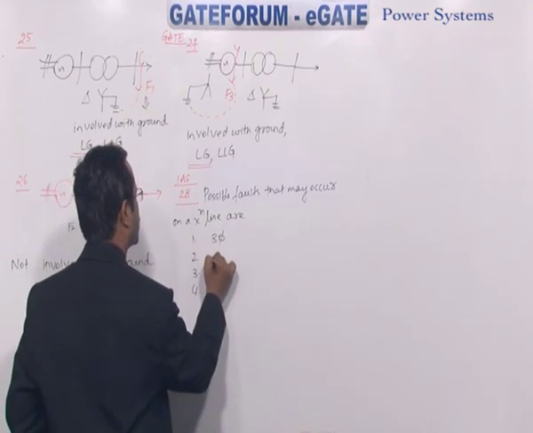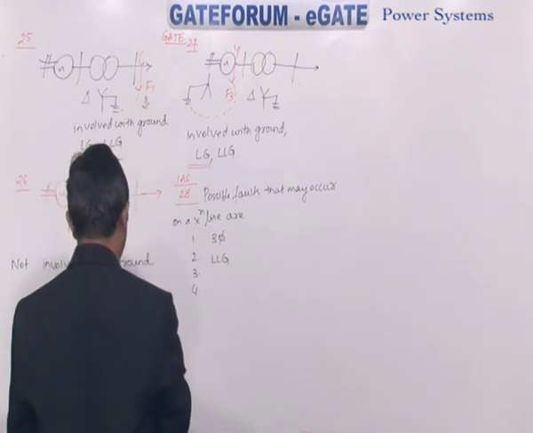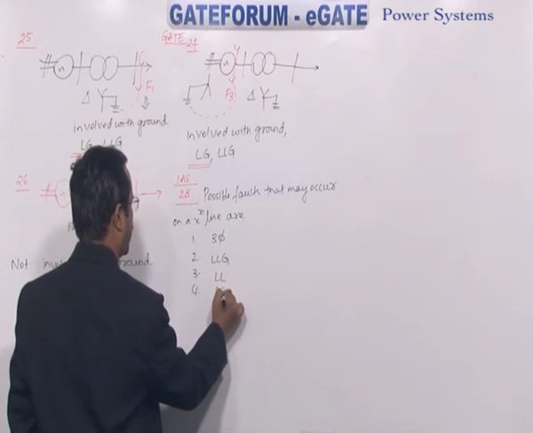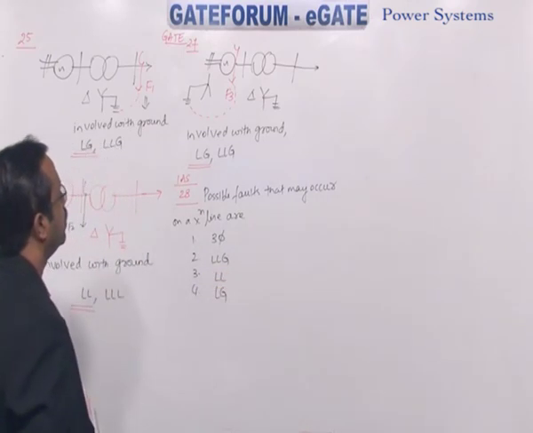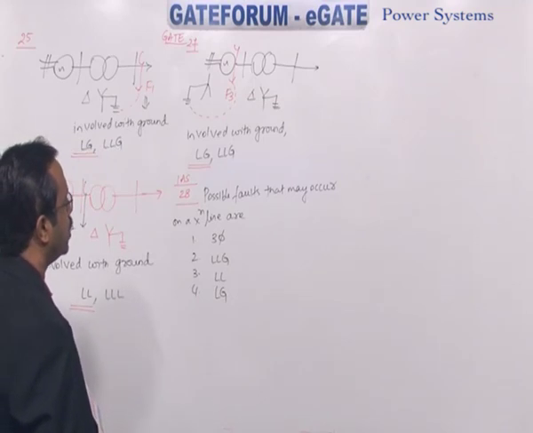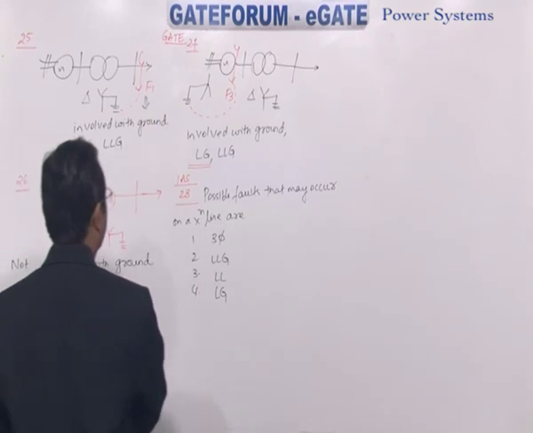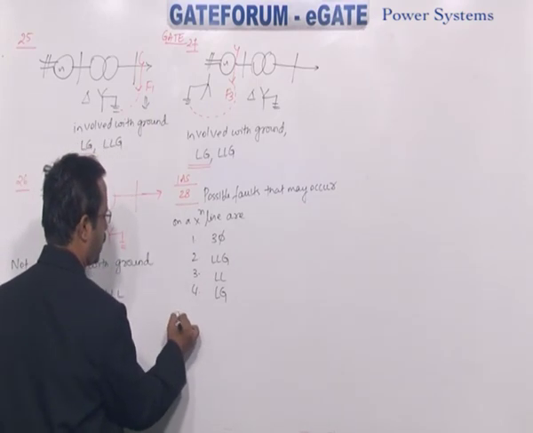It is 3-phase, LLG, LLLG. So now we have to find out the decreasing order of severity of faults.